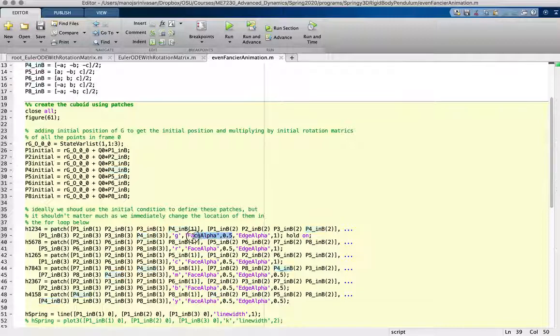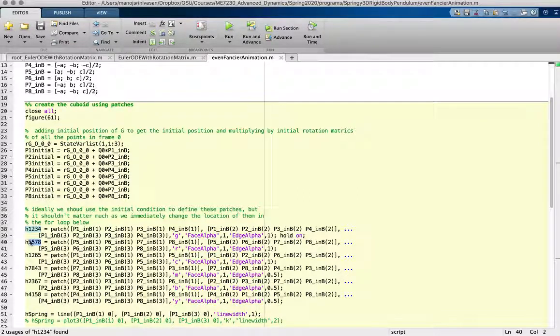And then these commands tell you how transparent or not that face is. So I'm going to set them all equal to 1. Right, so instead of drawing lines for the vertices, we are drawing faces. This is the face consisting of points 1, 2, 3, 4.